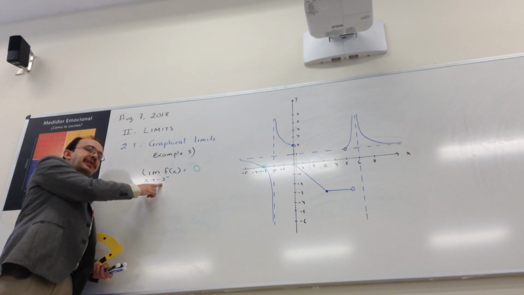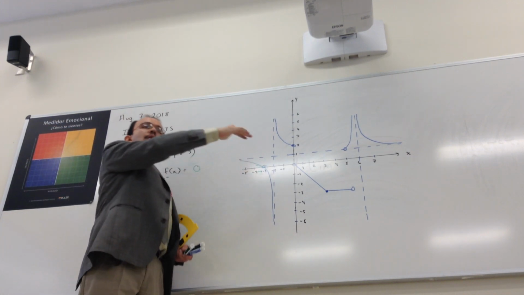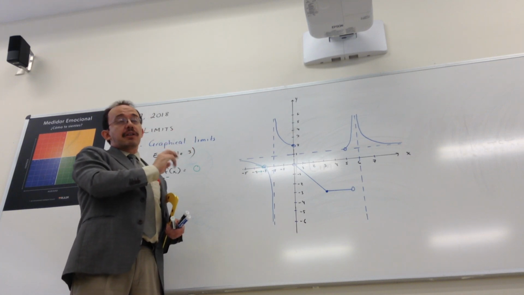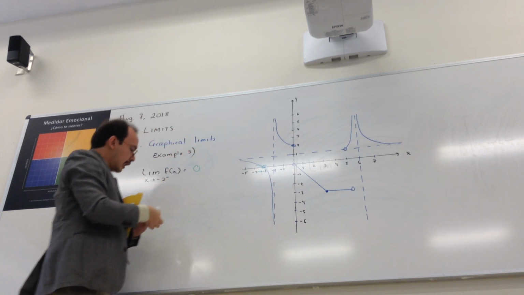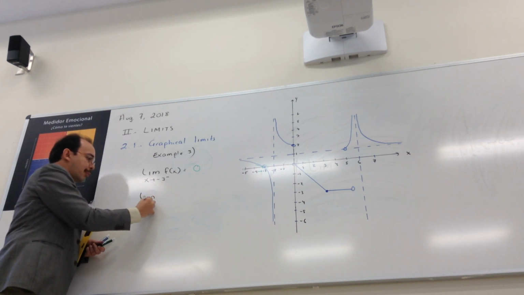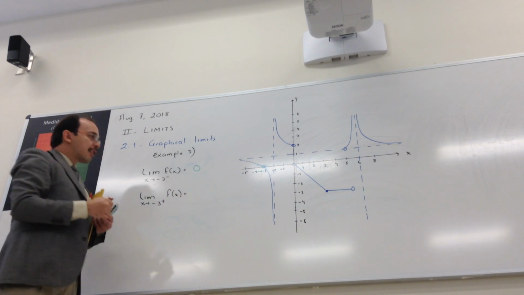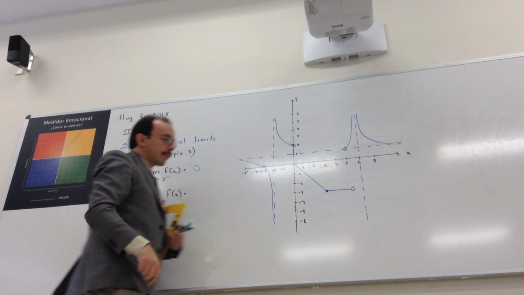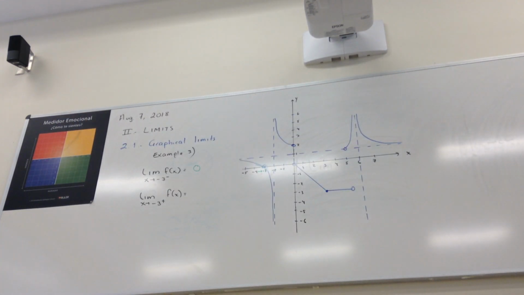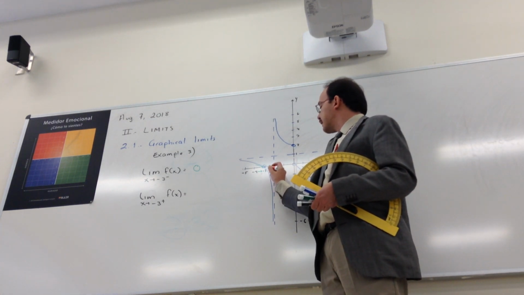Remember, you observe this, and the answer is the value of the graph on the y-axis. If the question is limit x approaches -3 but from the right side. Now it's from the right. Same value -3, but now it's from this side, from the right side.